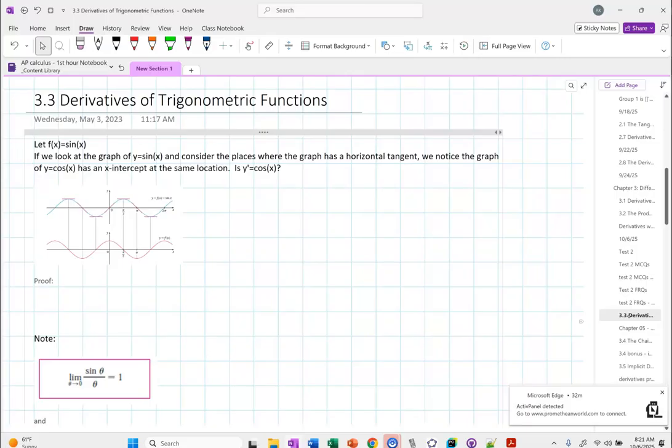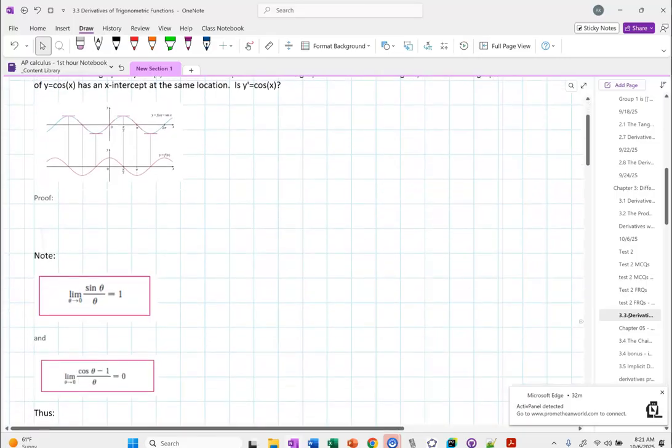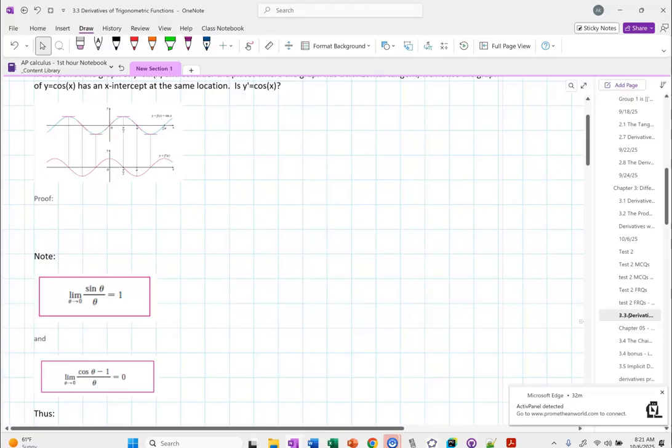If we wanted to prove this, what are we going to end up having to do? If I want to prove a derivative rule, what do I almost always end up having to pull out? Limit definition of the derivative. Oh, are you joking, Mr. Kulak? Unfortunately not.